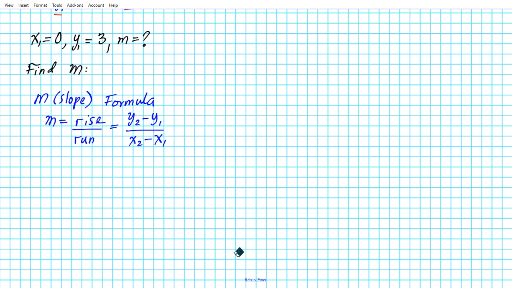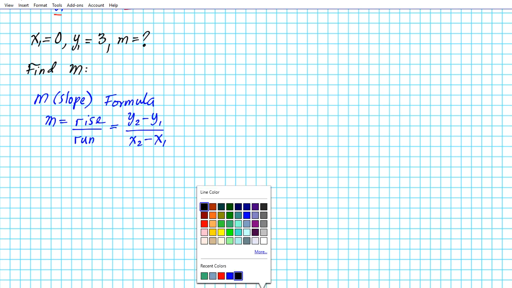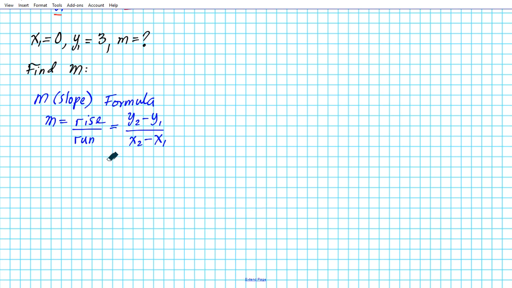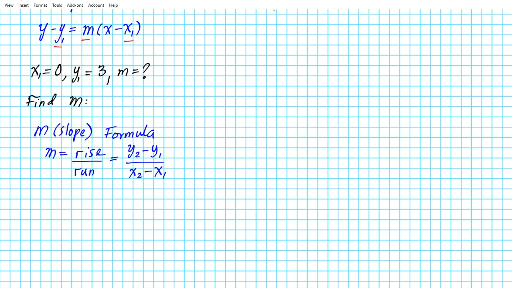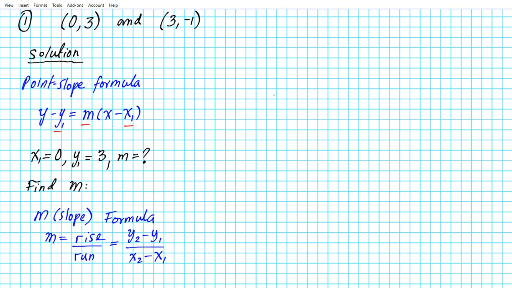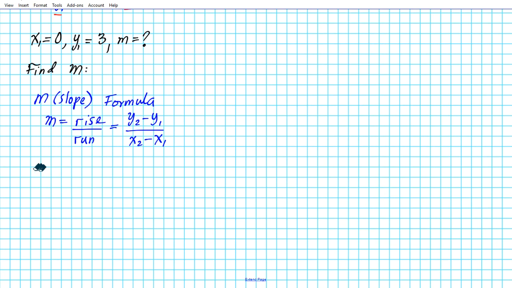In order to use the slope formula to find the slope of a line given a pair of points, you need to know what your coordinate values are. Okay, in this problem, x1, y1 are the coordinates of the first point. So x1 is 0 and y1 is 3. We indicated that earlier. And then x2, y2 are the coordinates of the second point.